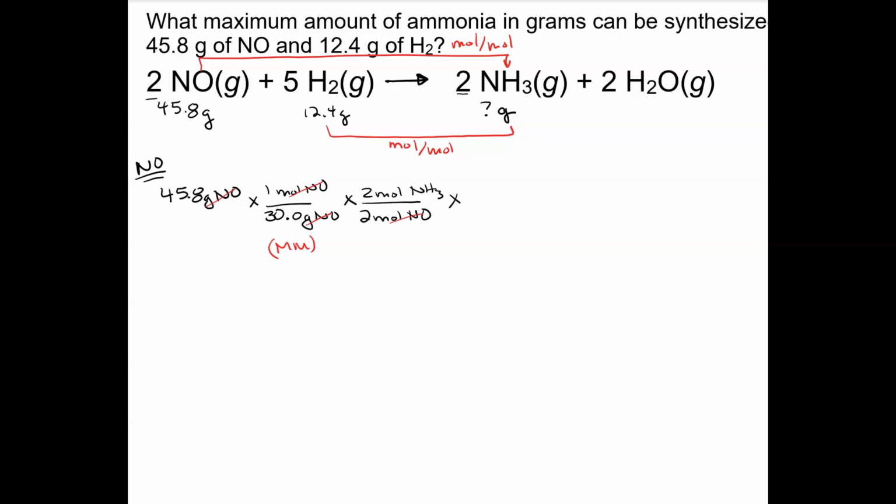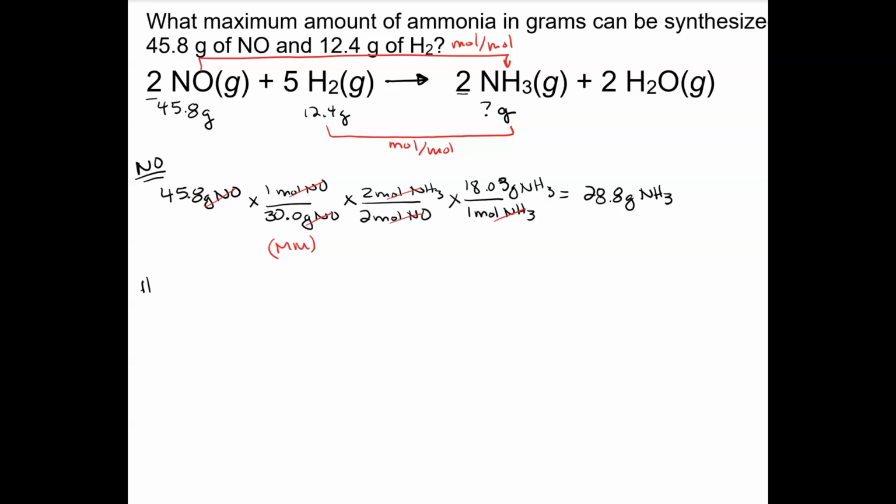But in the end, I'm going to want grams. So I'm going to do another molar mass conversion. So 1 mole of ammonia is 18.03 grams of ammonia. And now my moles of ammonia cancel and I have grams. And that number is 28.8 grams of ammonia.